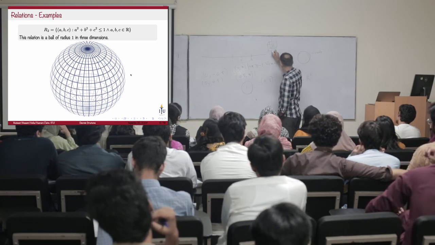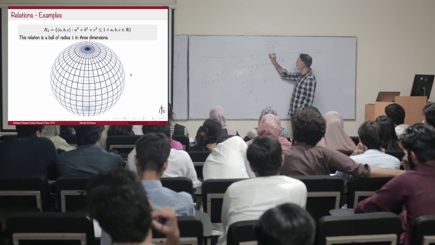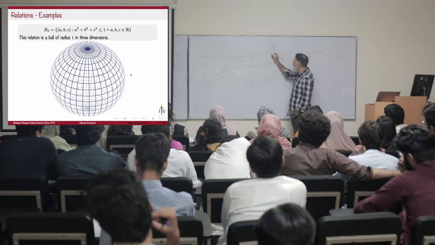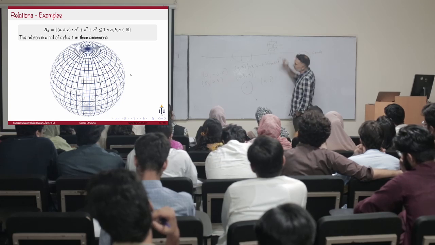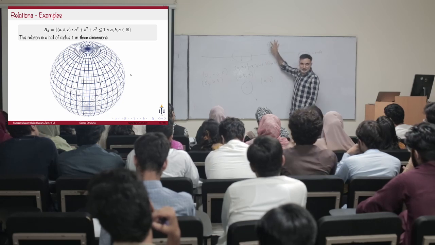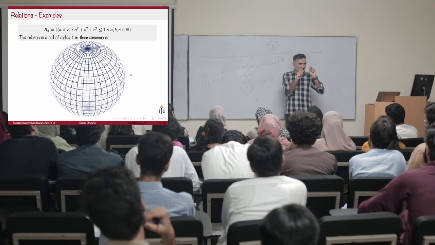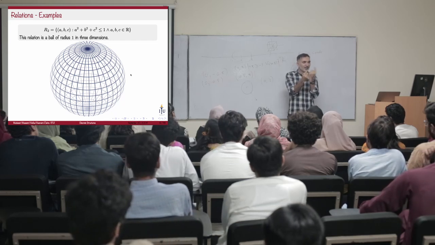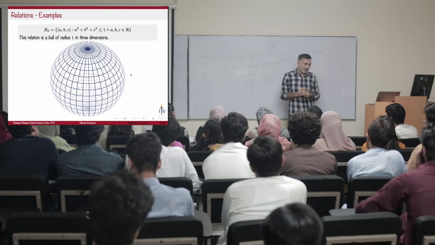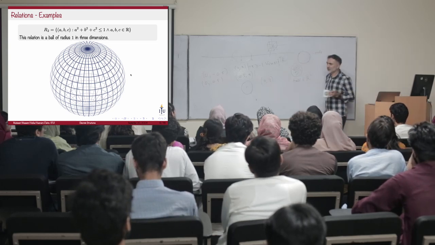The center of this cube is 0 0 0, and it's a unit cube, so the length of each side is 1. Do you understand this structure? It's a structure that lies at the center 0 0 0 of 3 dimensions, and the length of each of its sides is 1. I want to represent this structure as a relation. How would I do that?